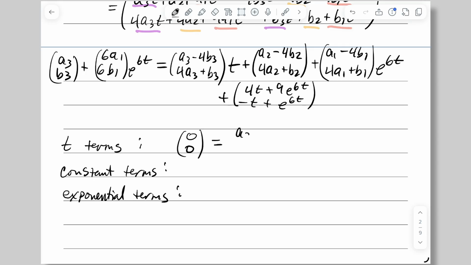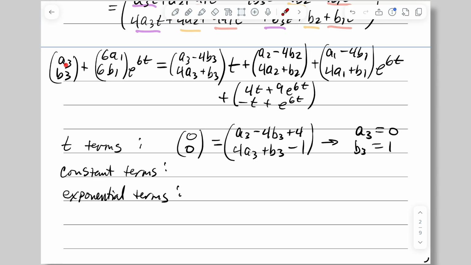So we've got a3 minus 4b3 plus 4, and 4a3 plus b3 minus 1. That gives us two equations that contain a3 and b3. Solving those gives us that a3 is equal to 0 and b3 is equal to 1.